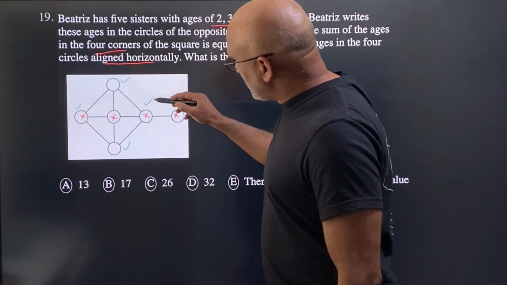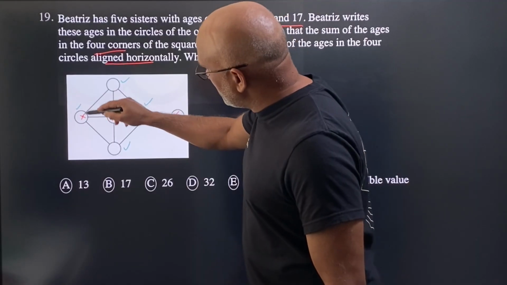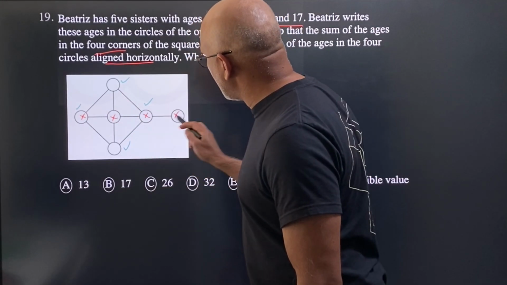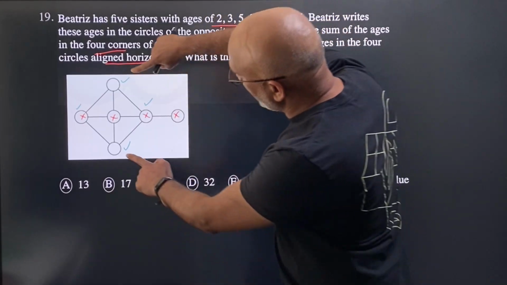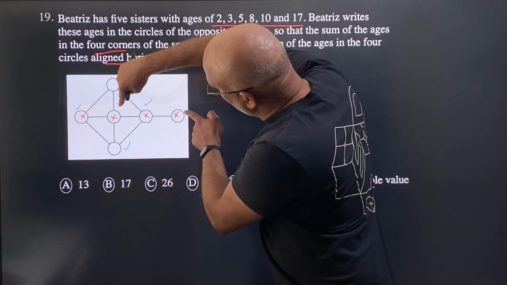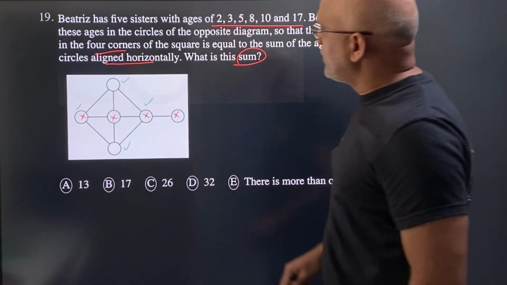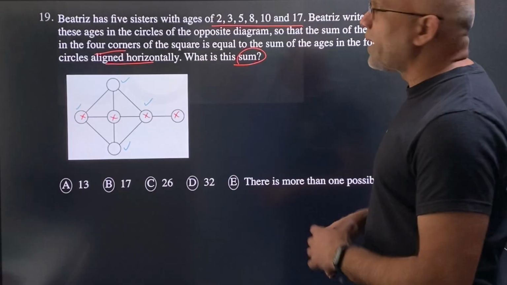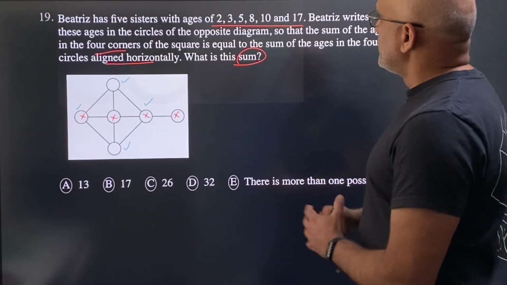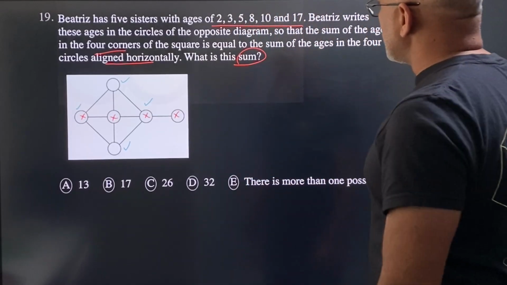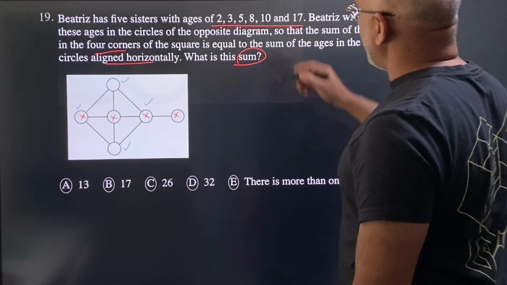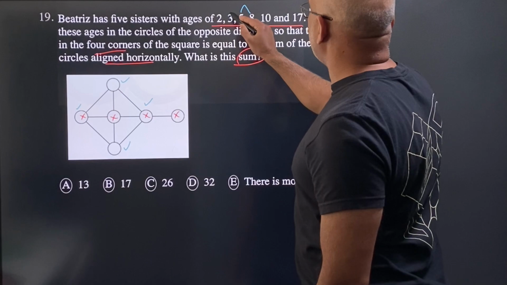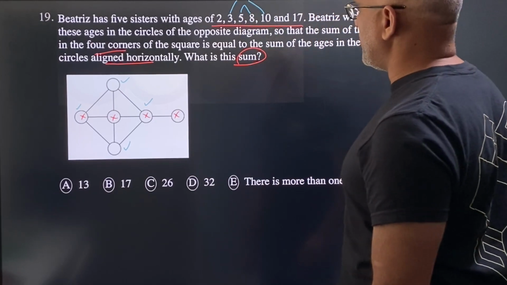Now we can see that this is the same, this is the same, right? So the sum of these two numbers has to be same as sum of these two numbers, right? So I have to find two pairs of numbers that add up to the same number. Now if I look at the ages, I see that 5 plus 8 is 13, and then 3 plus 10 is 13, right?